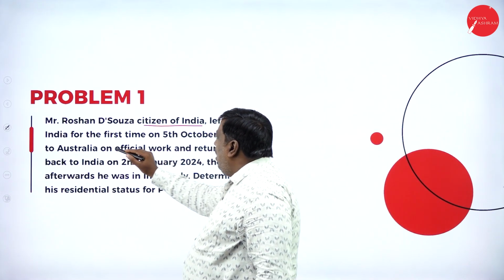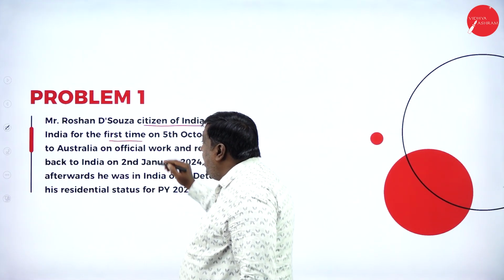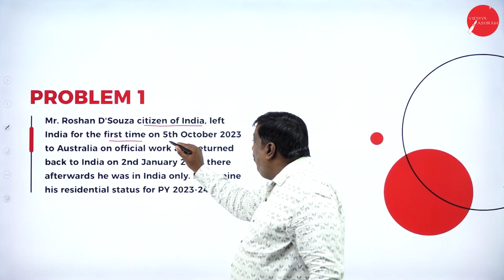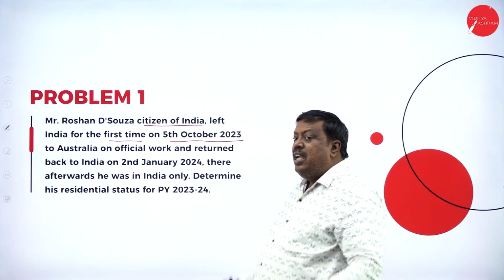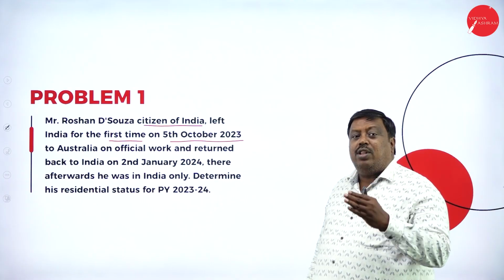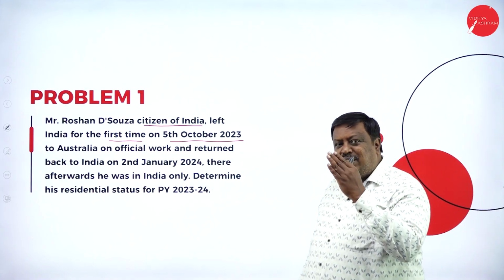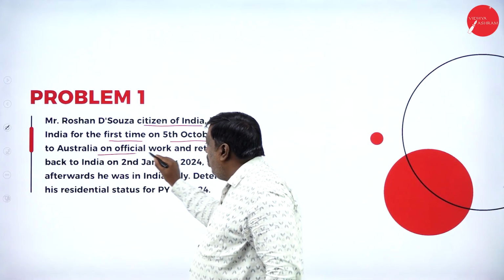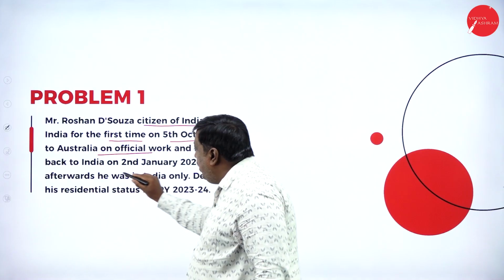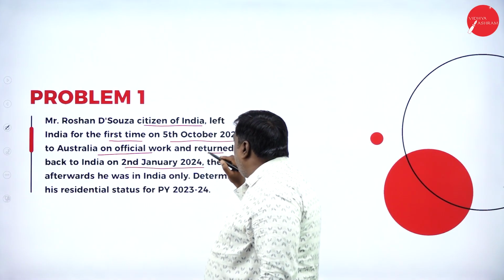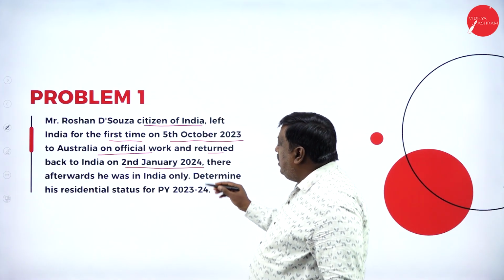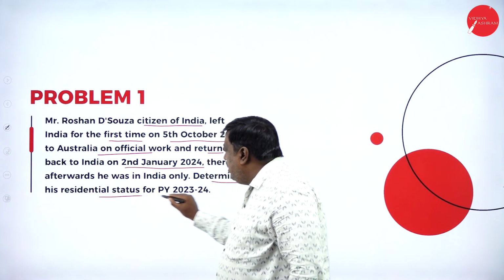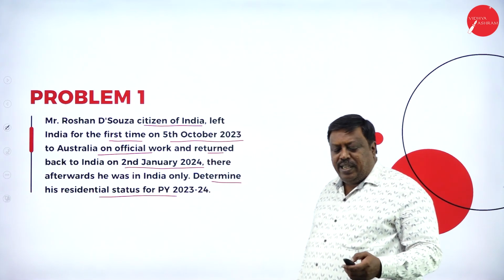He left India for the first time in his life on 5th October 2023. Till 4th October 2023, he was in India only from his birth. He went to Australia on official work and returned back to India on 2nd January 2024. Thereafterwards, he was in India only. So determine the residential status for previous year 2023-24.